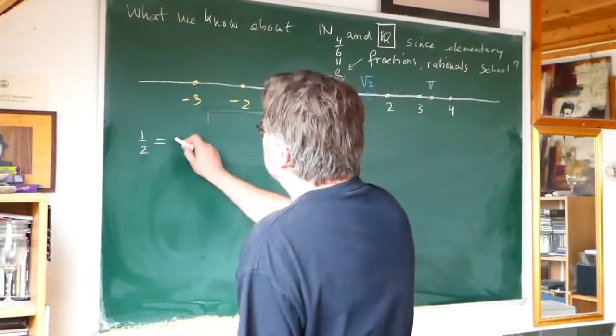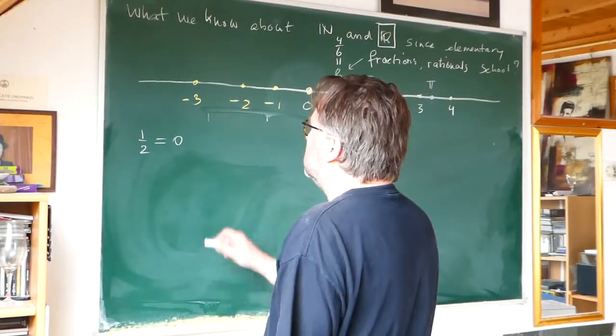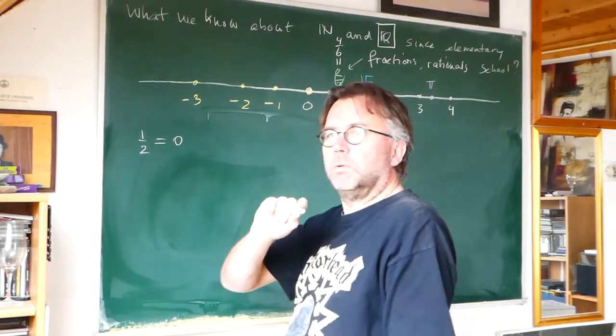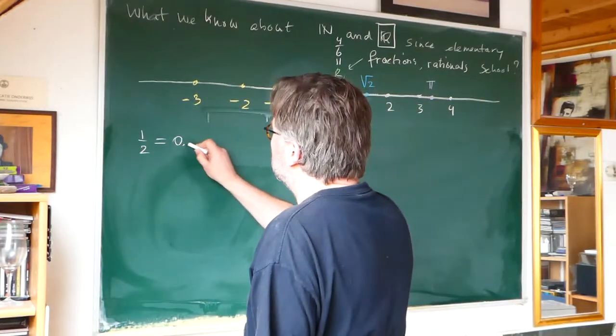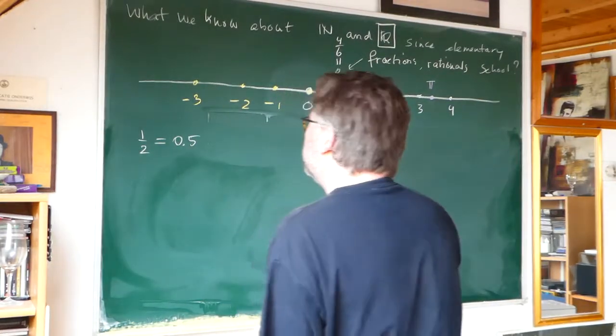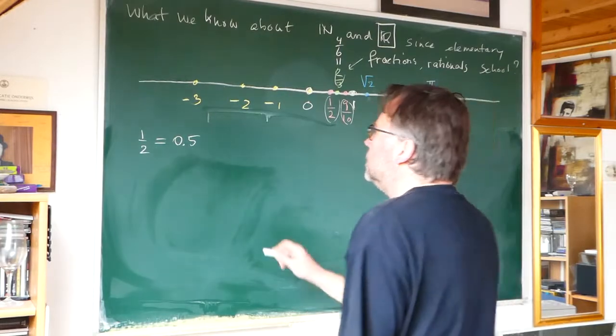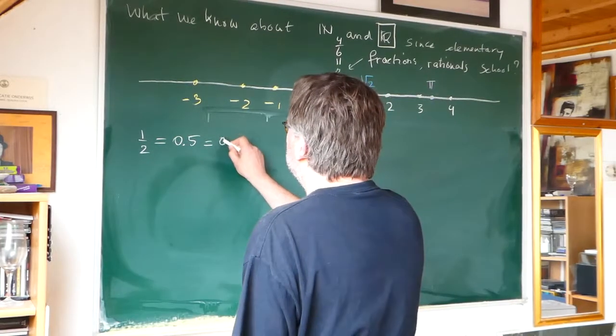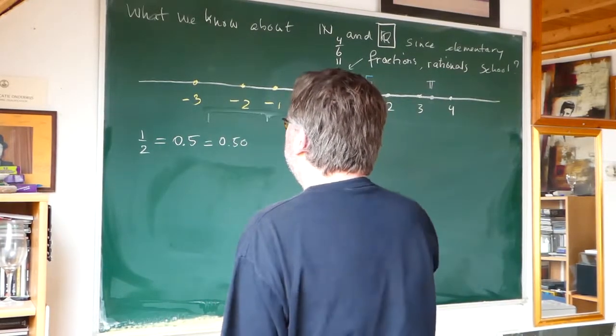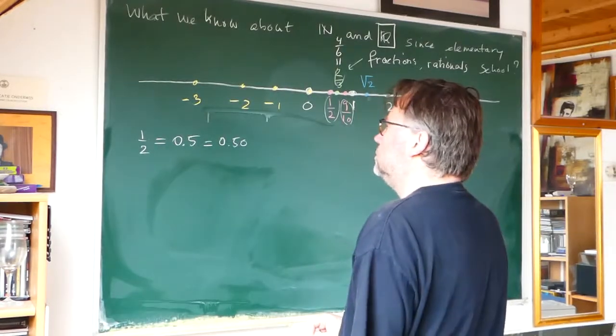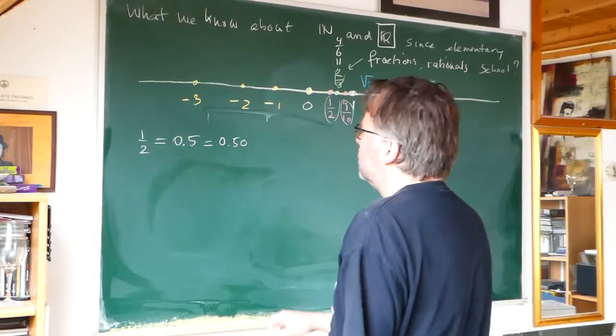Sometimes people write this as 0 and then a dot or a comma, depending whether you're Dutch or not. So I'll put a dot, 0.5. Now that's also 0.50. Okay, so what does this mean?